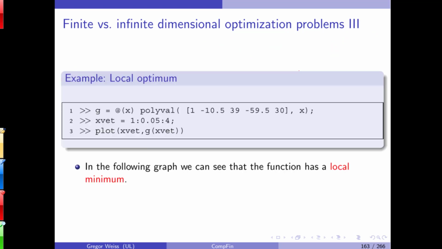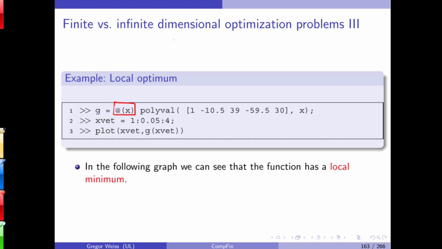Okay. To exemplify this, a very simple, very small example: g is @(x) polyval([1 -10.5, 39, ...], x). What is this? First of all, remember that this here is what is called in MATLAB a function handle.